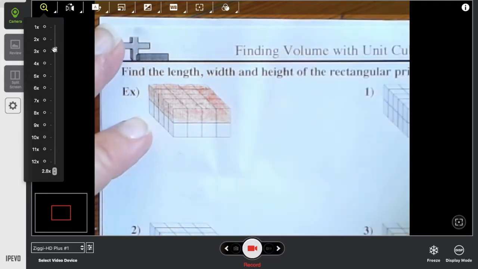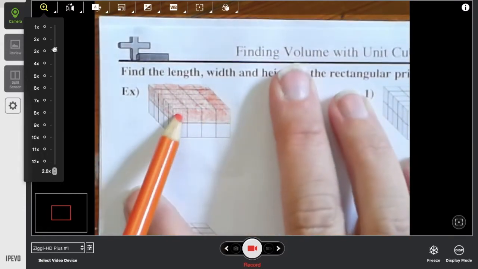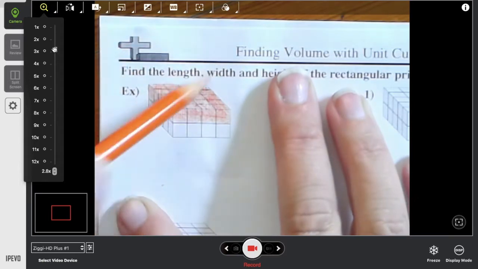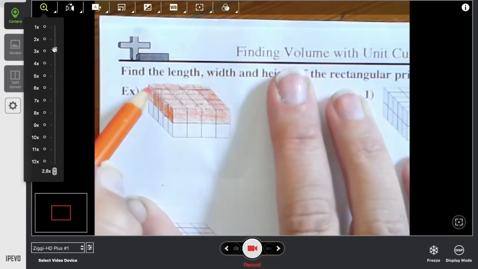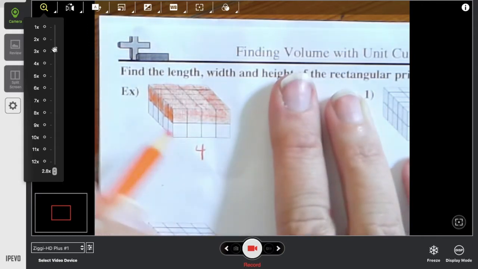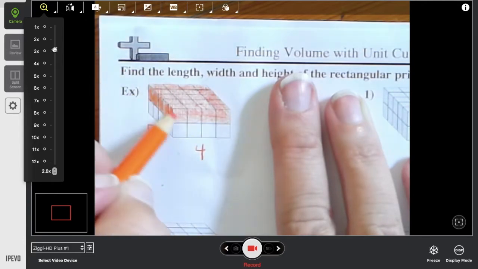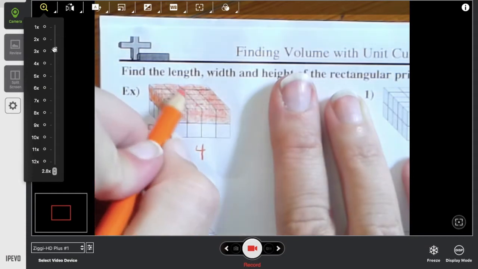So in this shape itself, I see 1, 2, 3, 4 cubes across, and then 1, 2, 3, 4, 5 cubes back. So it's 4 cubes across, 5 cubes going back. So if it's a 4 by 5 layer, this layer itself has 20 cubes on it.